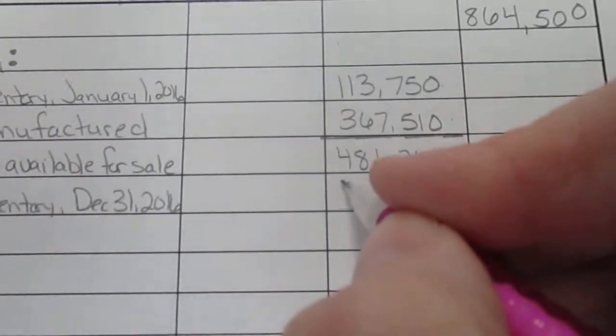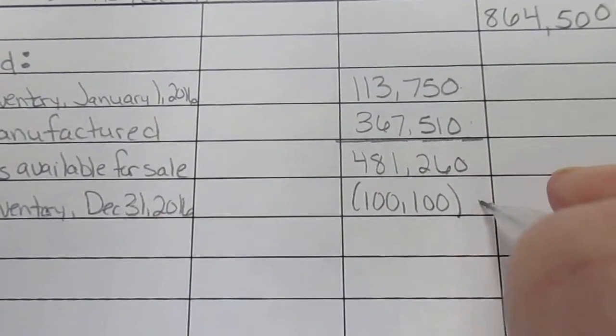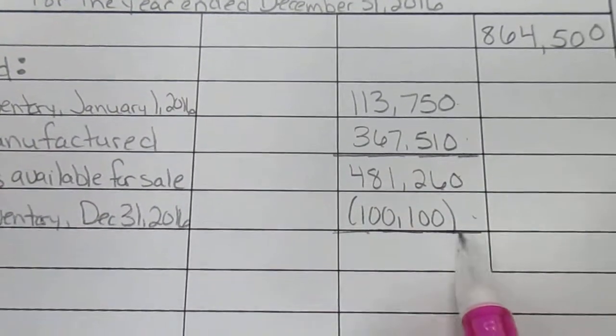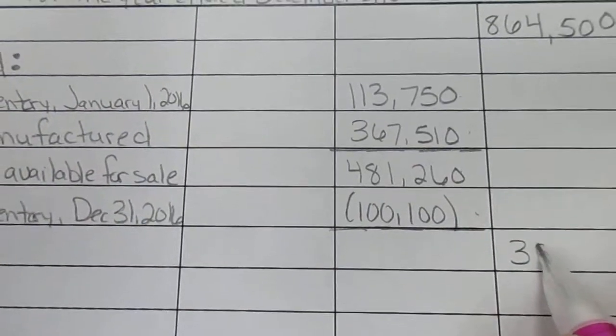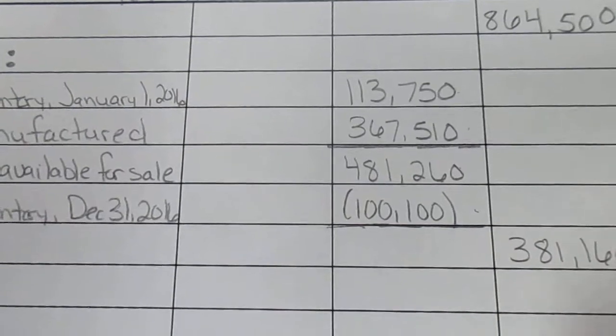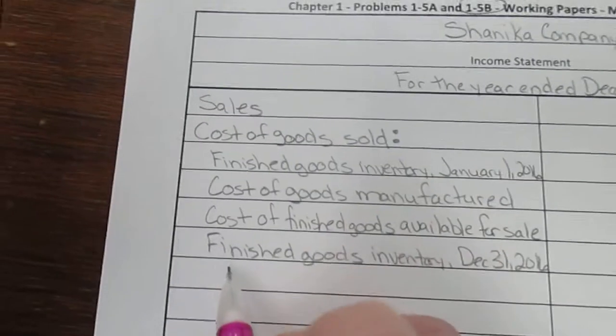So again, we're going to subtract that number because that's how much we have sitting in our warehouse ready to be sold. Put a line here. Once we subtract that number, we're going to put it over here, and that number is 381,160. And that number tells us our final cost of goods sold.